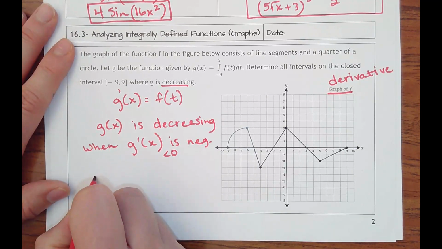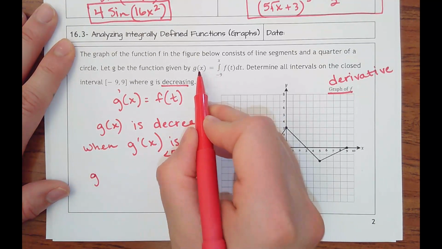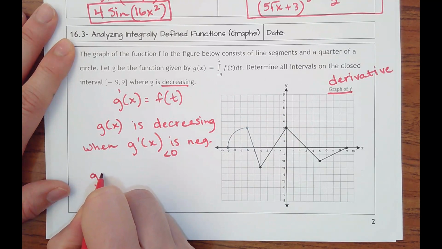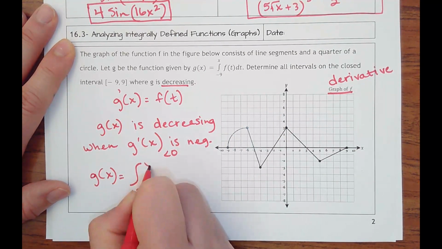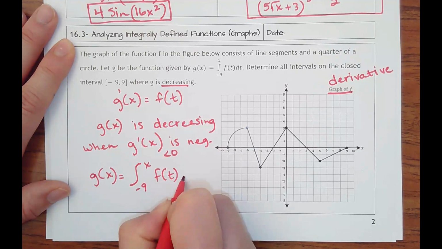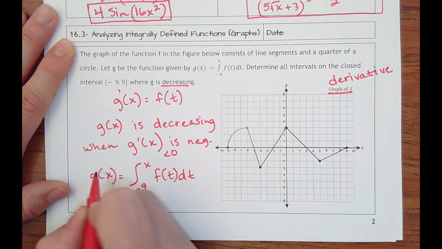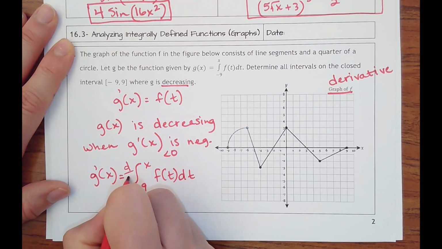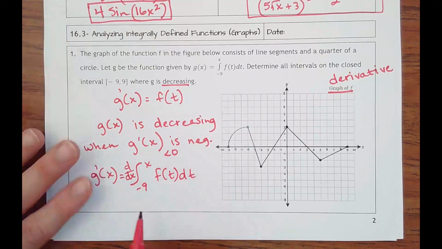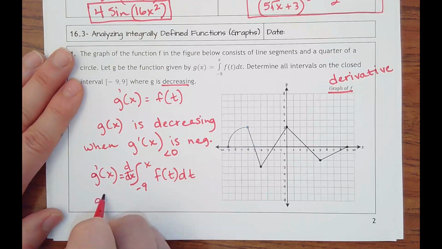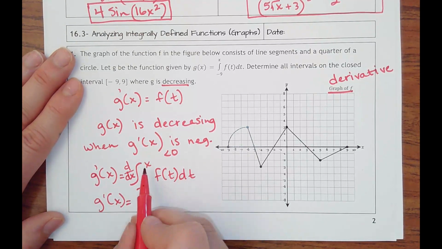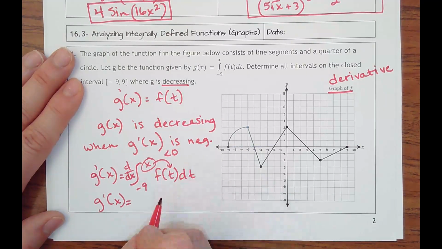So I've got this function here, and I'm going to write it first. I want to figure out the derivative. It's kind of like when you solve equations, what you do to one side, you're doing to the other. So now I'm going to take the derivative of this. We talked about a derivative of an antiderivative canceling each other out. So g prime of x is simply going to equal, you plug this in for t, f of x.